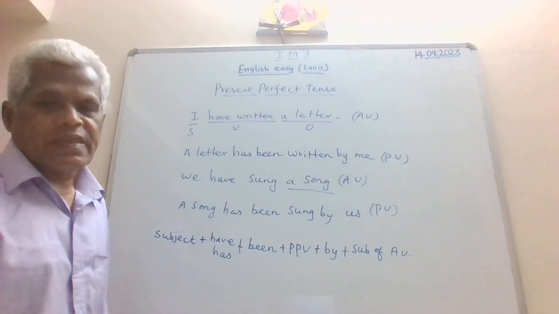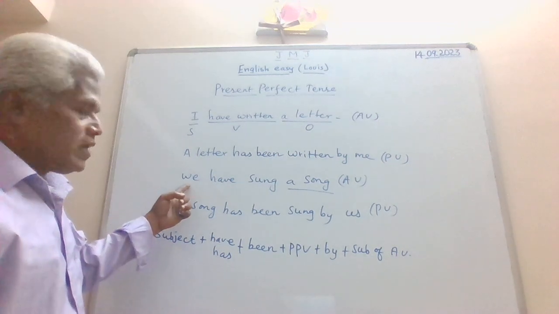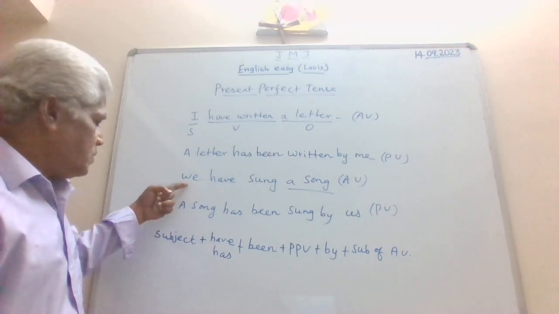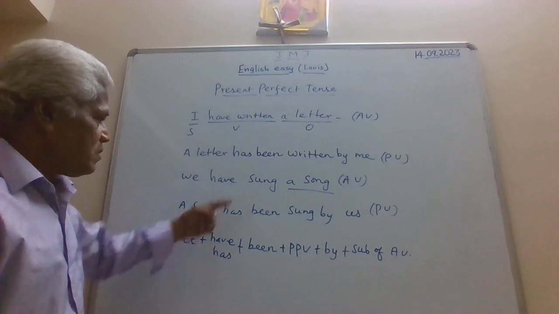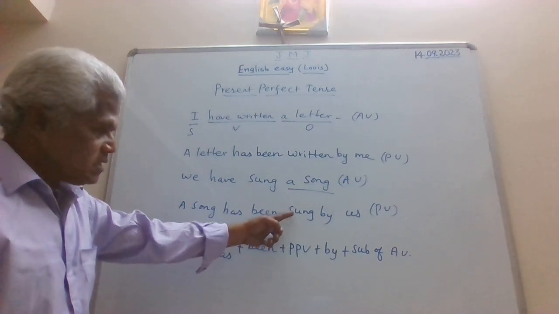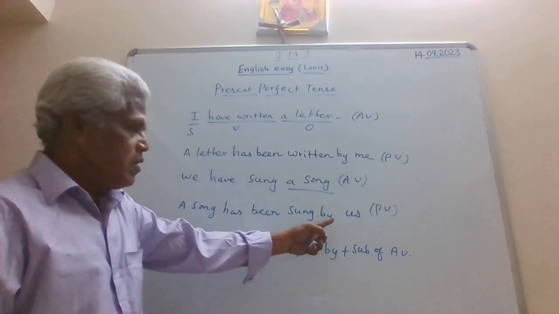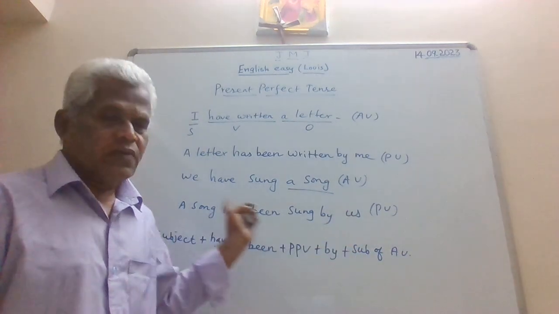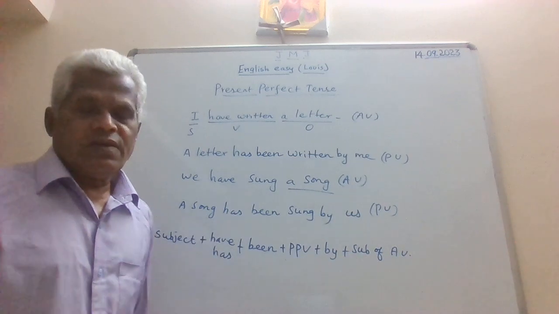See, that's what we have done here. Your subject, have been, and then sung, the past participle form of the verb, by, and then the subject of the active voice, us.